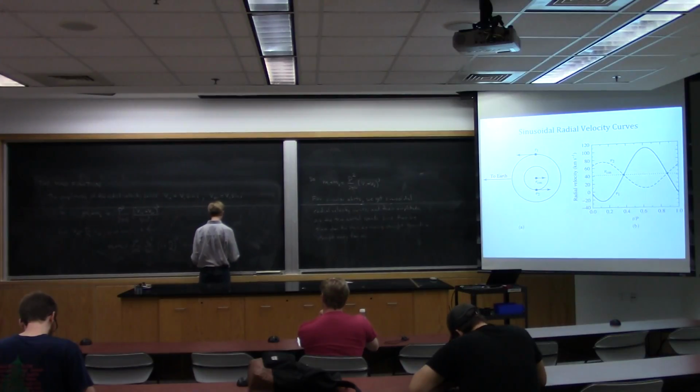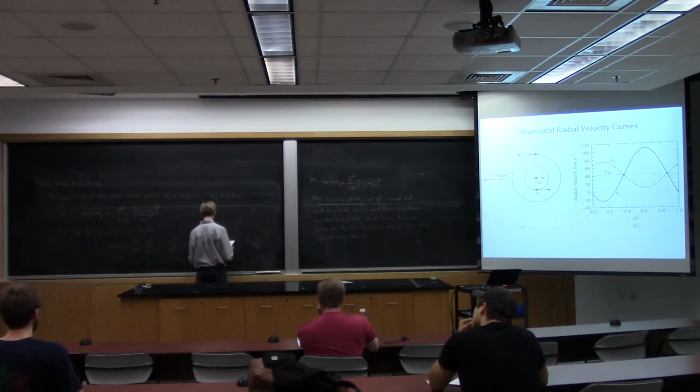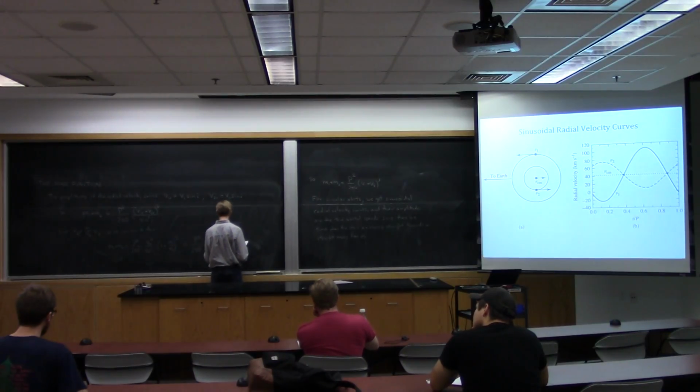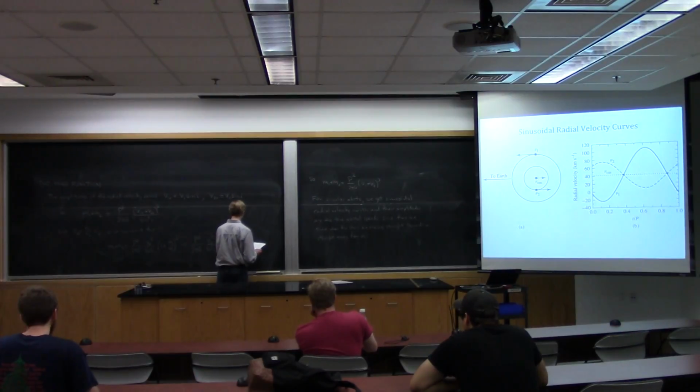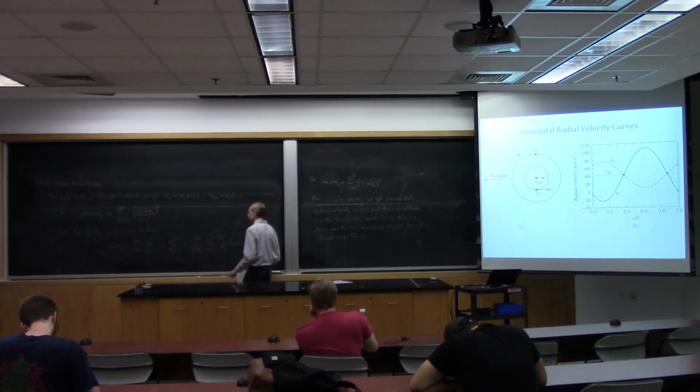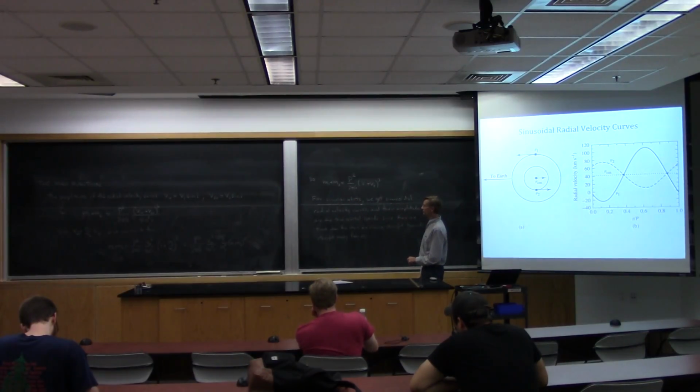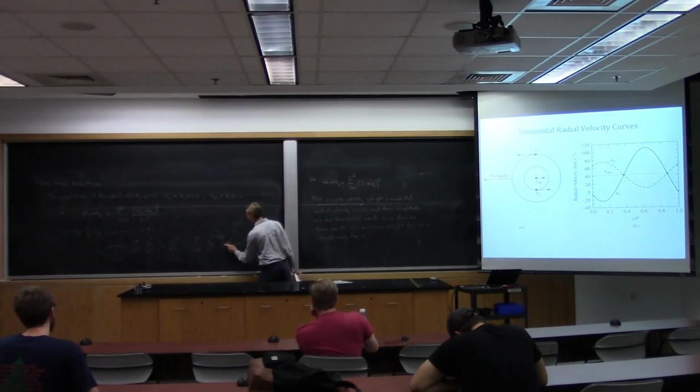P squared over 2 pi G times v1r cubed over sine cubed I times, I'll just factor out a 1 over m2 cubed, so 1 plus m1 over m2 cubed is m1 plus m2 cubed over m2 cubed.